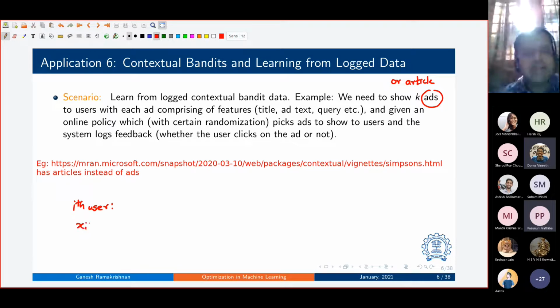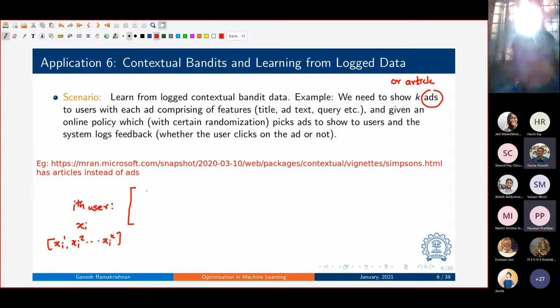So xi is the ith user, characterized using a bunch of features: xi1, xi2 to xik. For the ith user, what's happening? Some action is being taken. The policy is taking some action, showing some article.